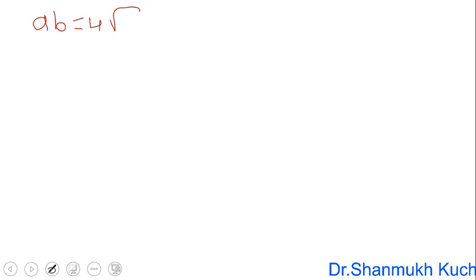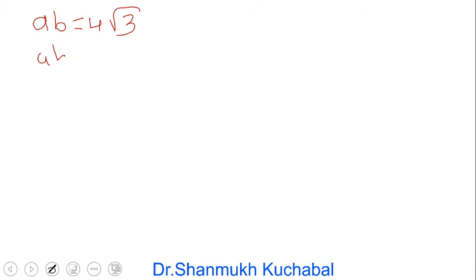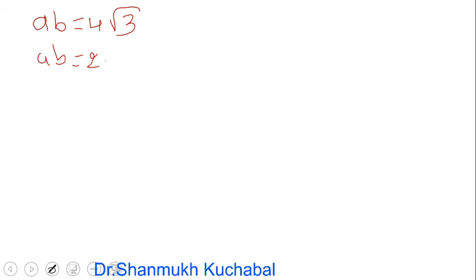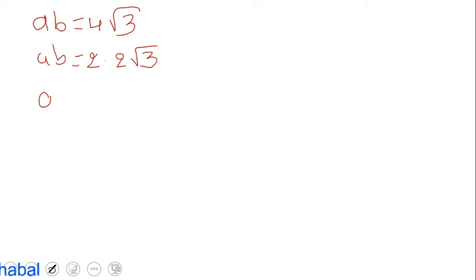It is given in the question that the area AB is 4 root 3. It is given information. Then I can write AB as 2 into 2 root 3. So the major axis will be the bigger value, therefore I am taking A as 2 root 3 and B as 2.